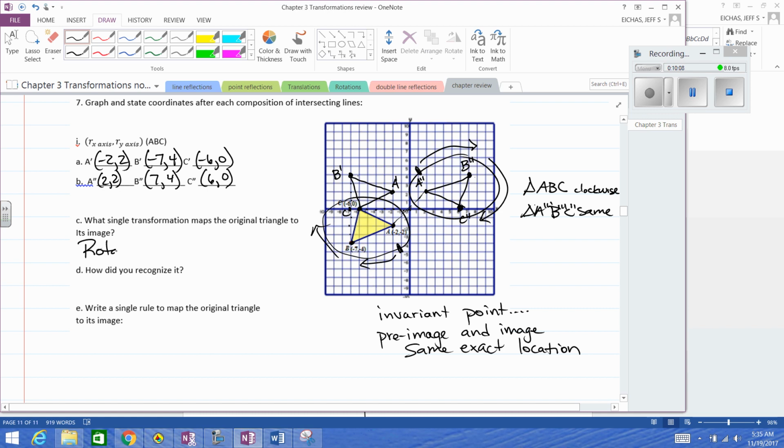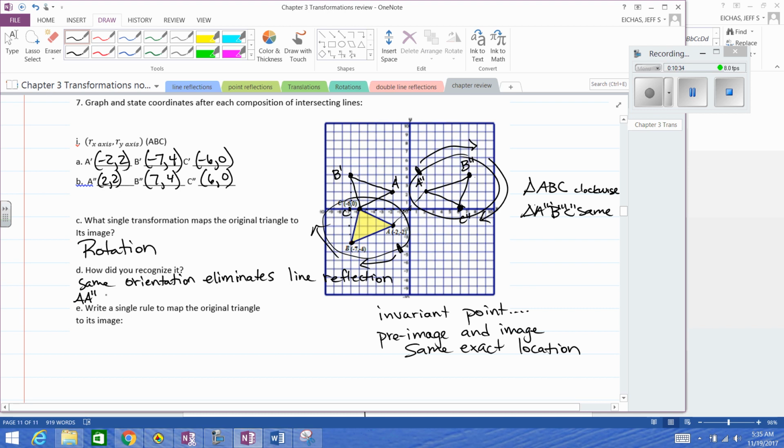Let's go with rotation. How do you recognize it? I went through that. Same orientation eliminates line reflection. Kind of like I go through and see what's eliminated. A to A double prime, this is tricky. Not a lot of students will understand this, but give it a shot here.